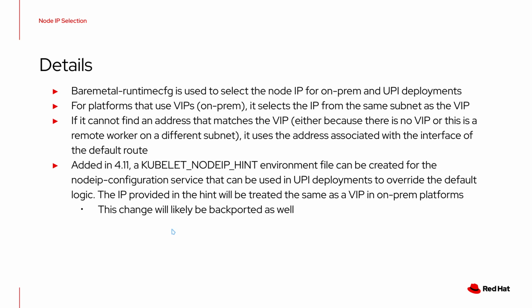Essentially what happens is the IP provided in the hint is going to be treated the same way as a VIP, and so it allows you to essentially tell the node IP configuration service which interface you want to select the IP from. We're most likely going to backport this to older releases than 4.11 because this goes back to 4.5 or 4.6, and we want to help out the people who are deploying on those older releases as well.